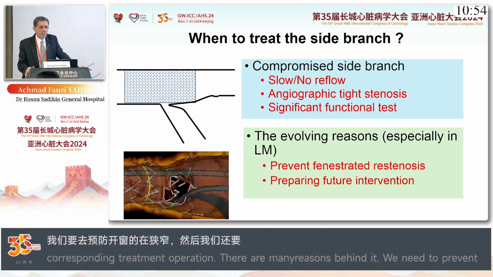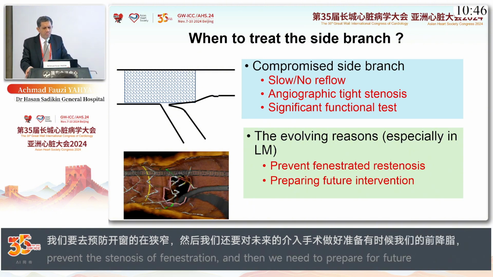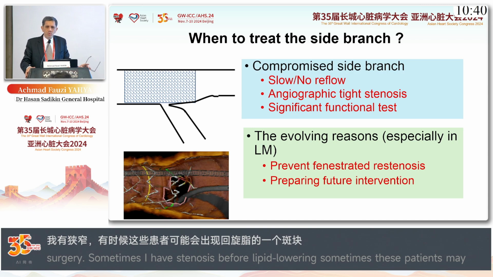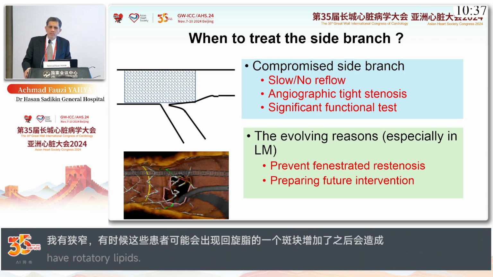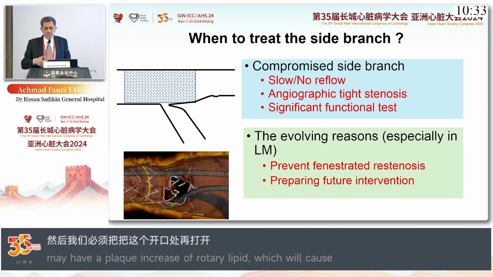Because sometimes if you are putting the stent from the left main to LAD, and over time the plaque in the circumflex increases, and then becomes a very tight stenosis, but you haven't opened up the ostial side branch of the circumflex, then it's quite difficult to treat when it happens.